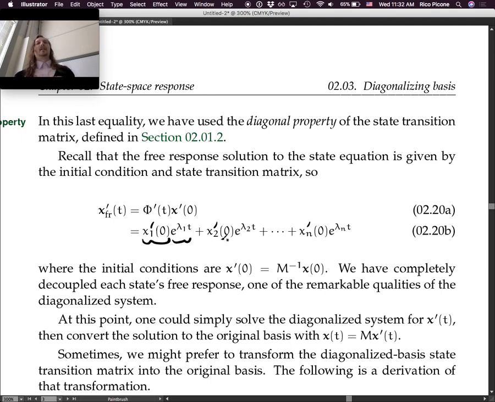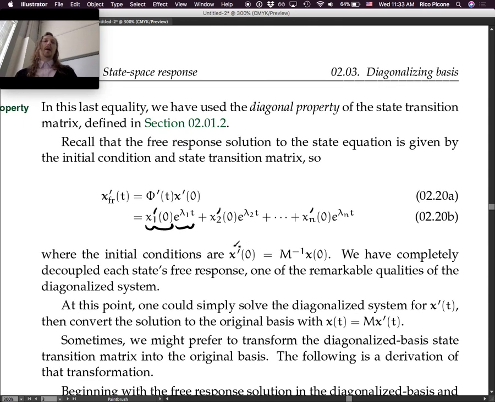And then the initial condition of the second state variable at time equals 0 times e to the lambda 2 t. So we've decoupled this so that each primed state variable matches up exactly with an eigenvalue exponential. Okay? It's a pretty nice little expression.